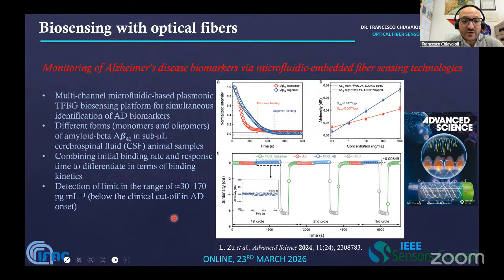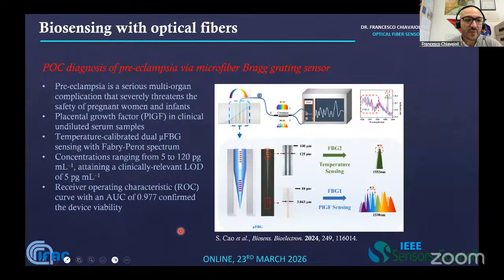In this case, we retrieve a detection limit with concentration in the tens of picogram per milliliter, which corresponds to a molarity below picomolar, which is very interesting for the onset of Alzheimer's disease, and we got the cover of Advanced Science in 2024.